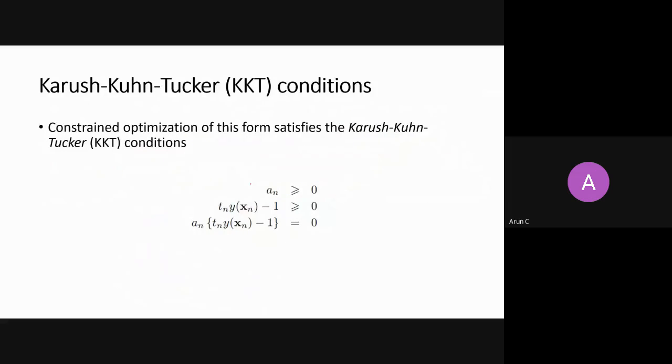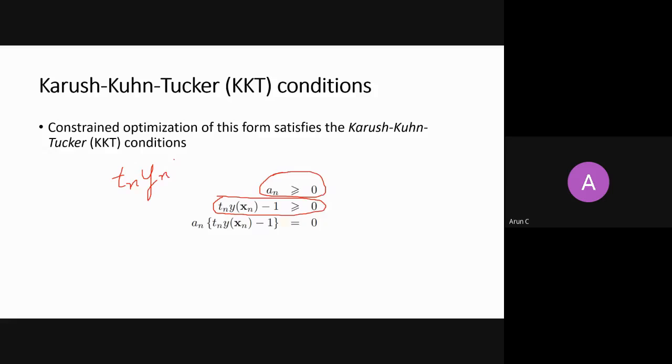There are some KKT conditions. The first condition says that all Lagrangian multipliers should be greater than or equal to 0. The second constraint, can you tell me where it is coming from? I said in the beginning of this lecture that we have assumed that everything is correctly classified.